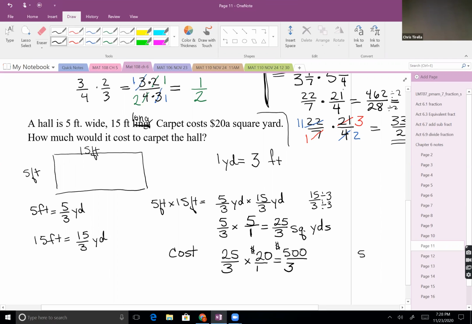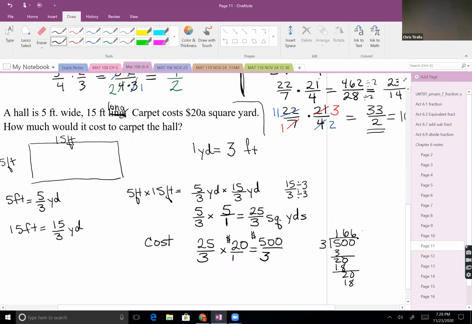And so if I take that $500 and divide it by the 3, let's see, 3 into 5 once, 3 into 26. Oh, and I think it's just going to keep on dividing. And so we'd say it would cost approximately $166.67.